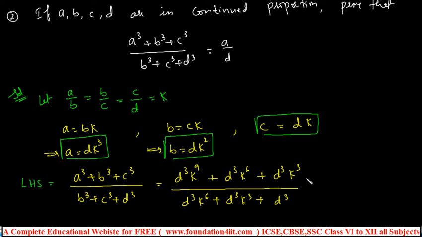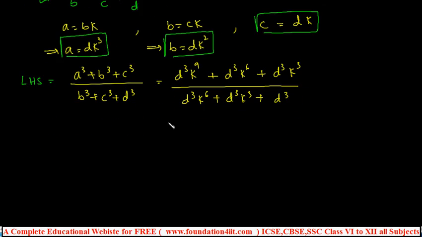Let us simplify this. What can we take common? D cube is there, and K cube I am taking common from the numerator. So this becomes D cube and K to the power 3. If you take it common, it is K power 6, because 3 plus 6 is 9.